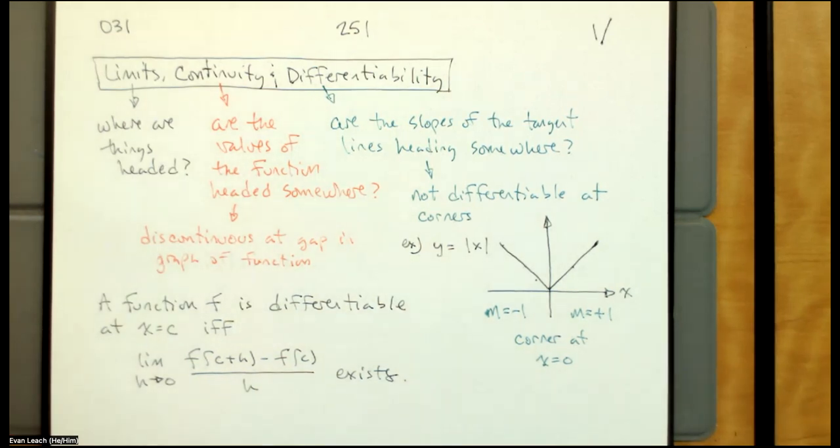Here we're talking about a limit. Limits can have value. If they don't have a value, we say the limit does not exist, DNE. If this limit exists, then we say that the function is differentiable. All we're saying is that we can calculate one slope at the point.